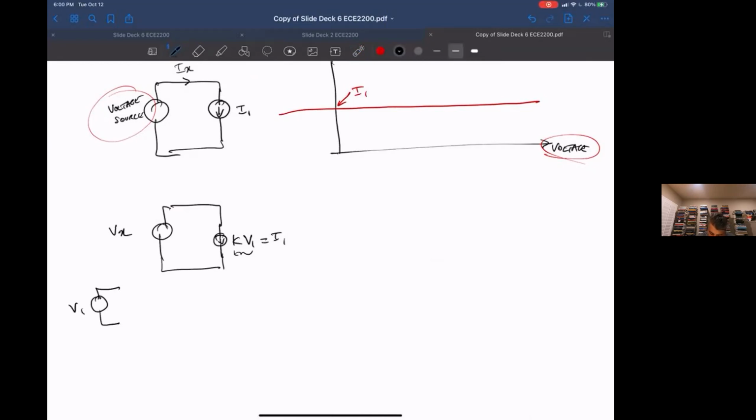It's not really connected to this current source, but notice that the current through the current source is dependent on this V sub 1.